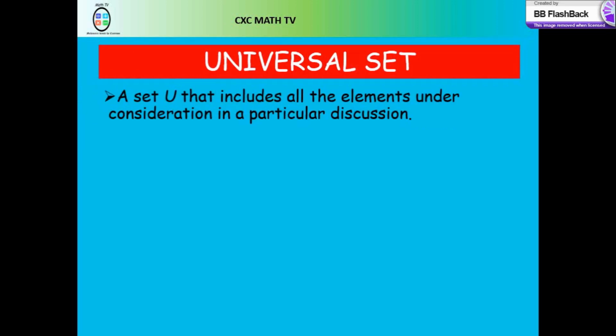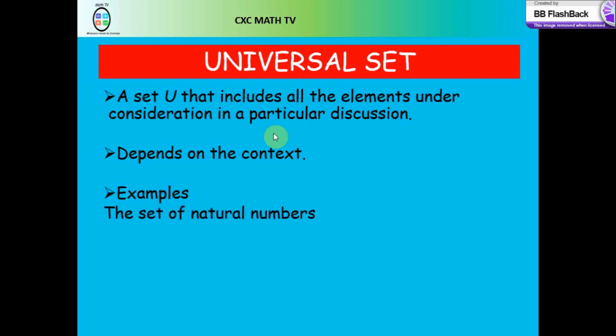Next is the universal set. So what is this universal set? The universal set includes all the elements in consideration of a particular discussion. For example, maybe we want the set of natural numbers.